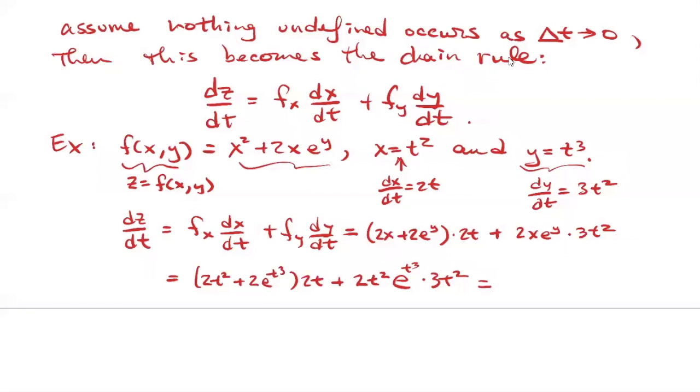So I think I get a 4t to the third plus 4t e to the t to the third, plus, it looks like a 6t to the 4th, e to the t to the 3rd, like that.